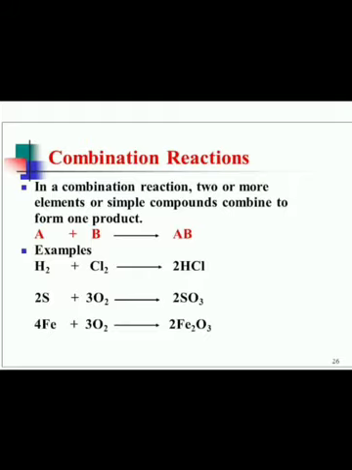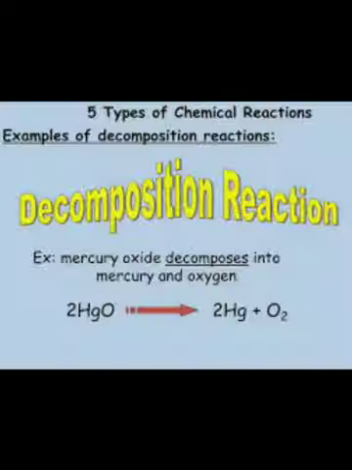Like this, sulfur plus oxygen gives rise to sulfur dioxide. And iron plus oxygen gives rise to Fe2O3, that is ferric oxide. That means when two substances combine together, they form a single substance.